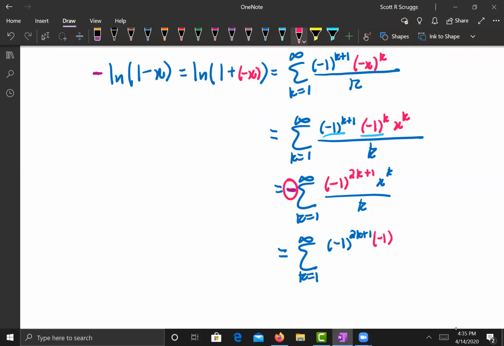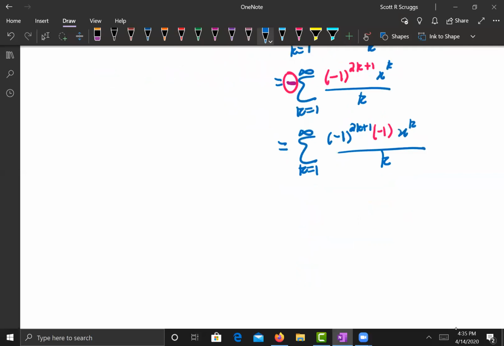And now I get the profit from my work, because now I can rewrite -1 to the 2k plus 1 times a -1 as the sum from k equals 1 to infinity of -1 to the 2k plus 2, x to the kth power over k. And now I can boldly say, no matter what I plug in for k, I will always get an even power, which means I can boldly claim this whole guy.